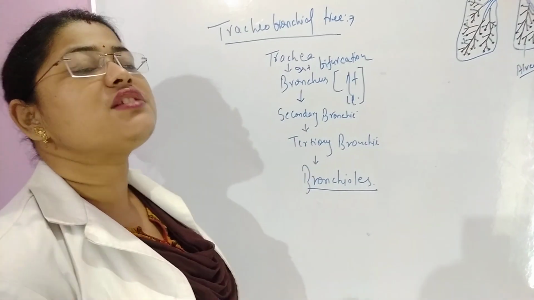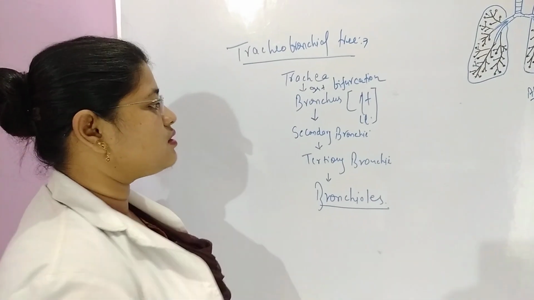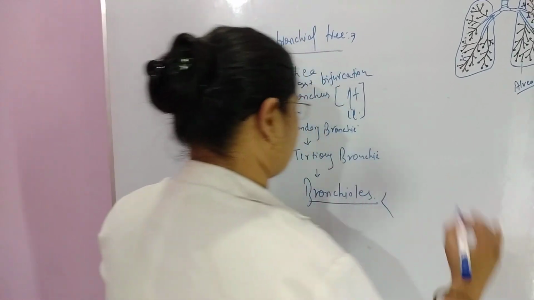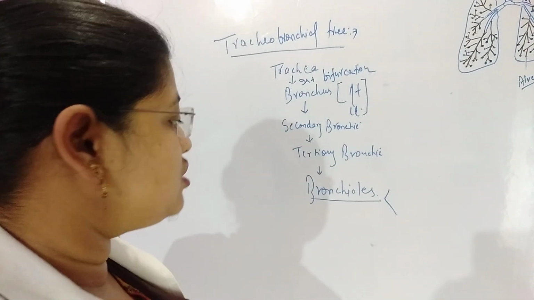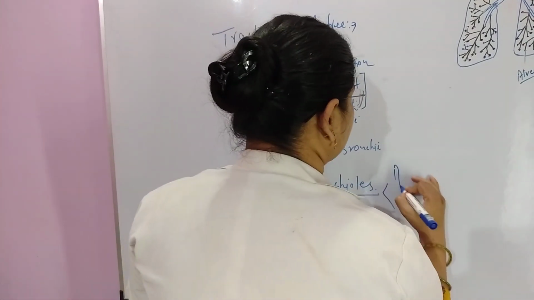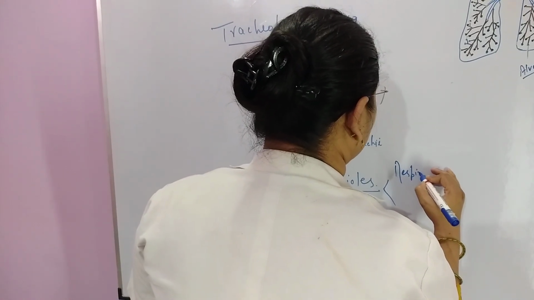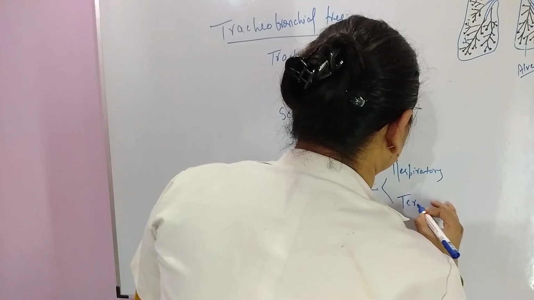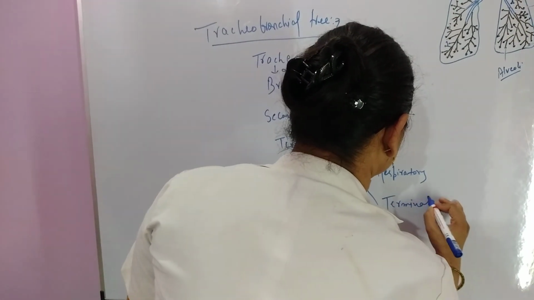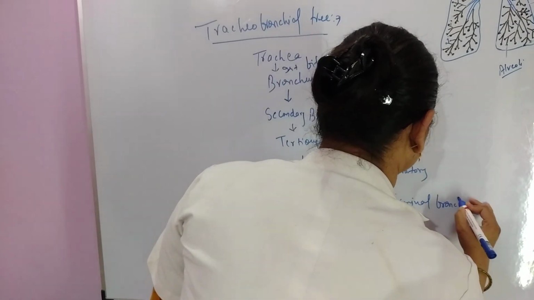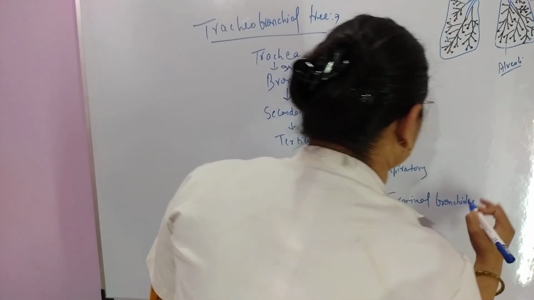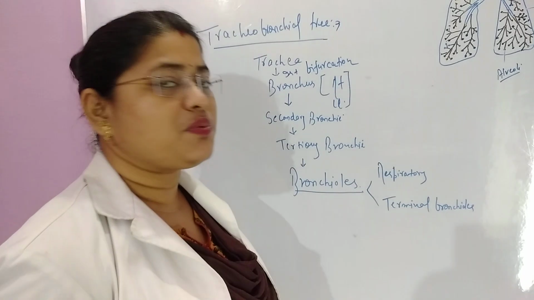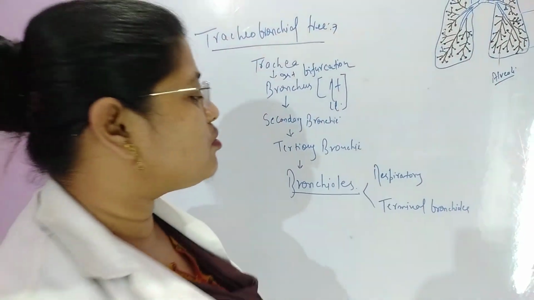It has the narrowest diameter, and it divides into two: respiratory bronchioles and terminal bronchioles. On the basis of diameter, we divide bronchioles into respiratory and terminal bronchioles.